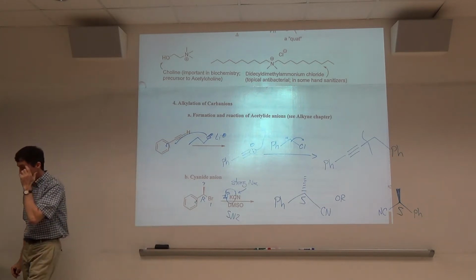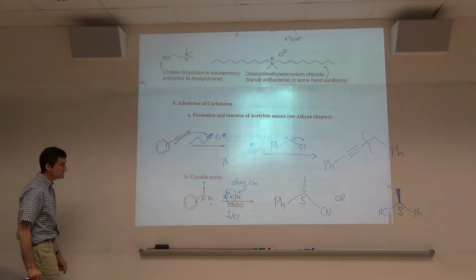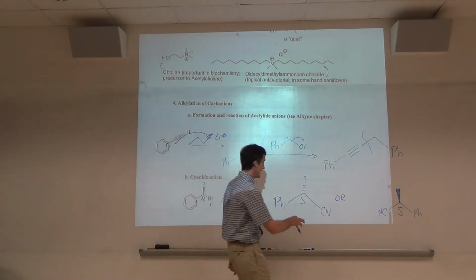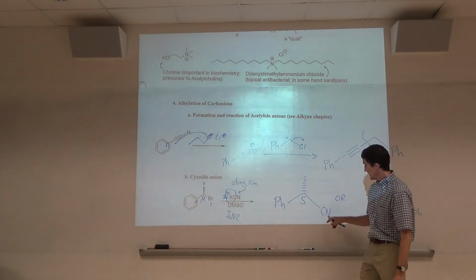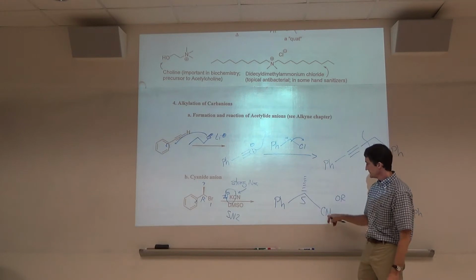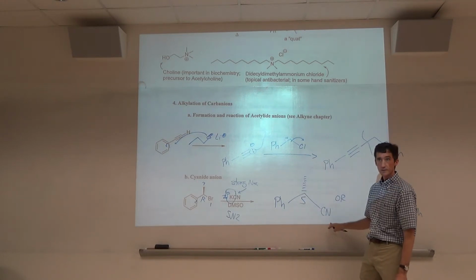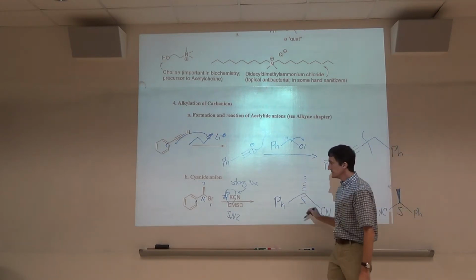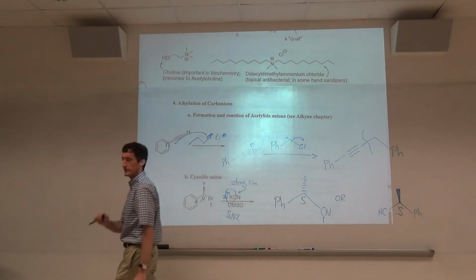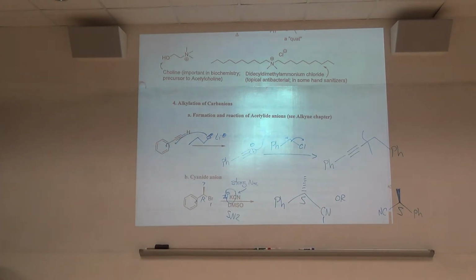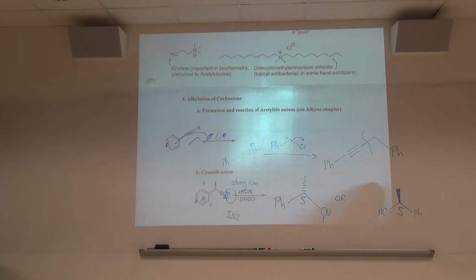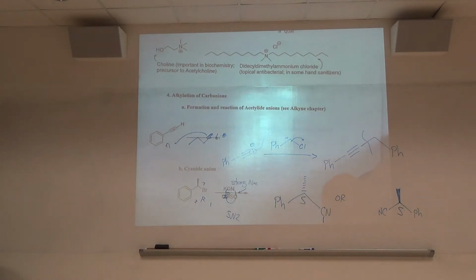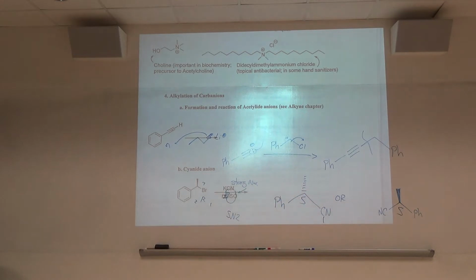But when it's CN, which is the high priority group of the three? It's still CN. The new group is still high priority 1, and so you still get the same outcome. R becomes S. You're exactly right. But 99% of the time, you're going to go from R to S or S to R when you do inversion. Okay?